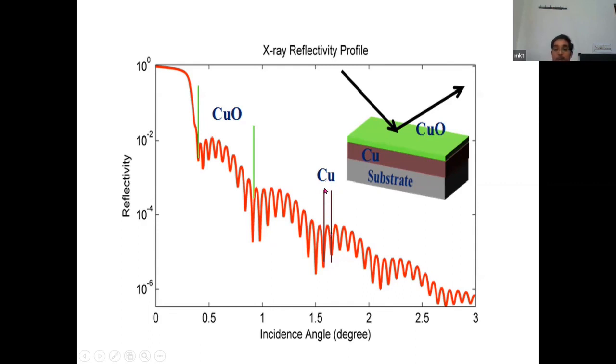This gives the information about the copper, and you see this overlap region also. Some big oscillations are also there, and these big oscillations provide the information about the thin copper oxide layer. Because we are analyzing both simultaneously, we have the overlapped reflectivity profile.